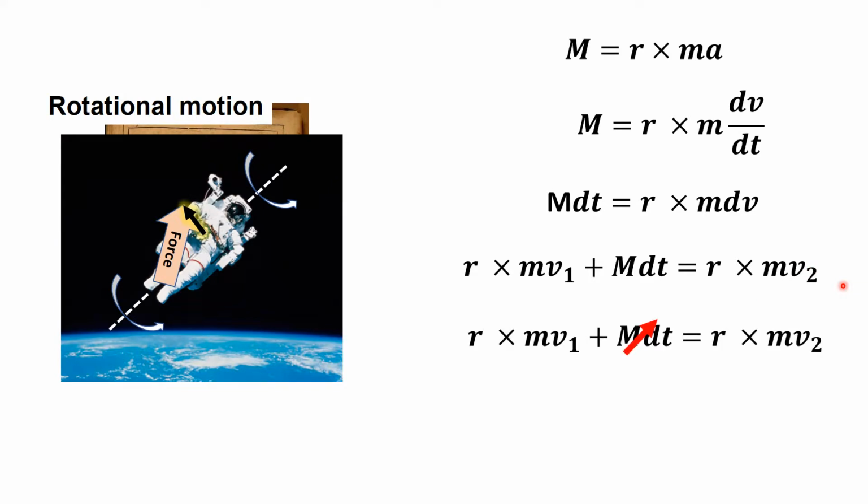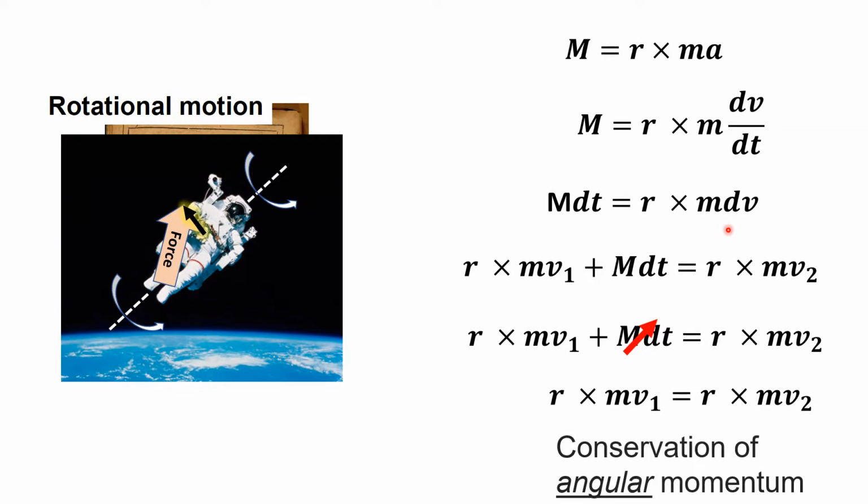And in this case, if you don't apply a moment, then the initial rotational motion is going to be the same as the final rotation. And realize this is a cross product, so it's not just applying any random force. To change rotational motion, you have to take that force and apply it at some distance away.